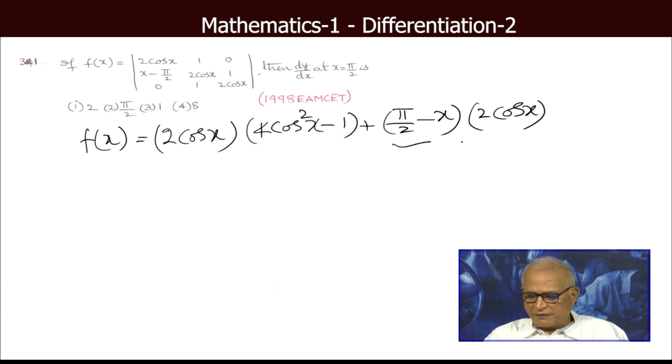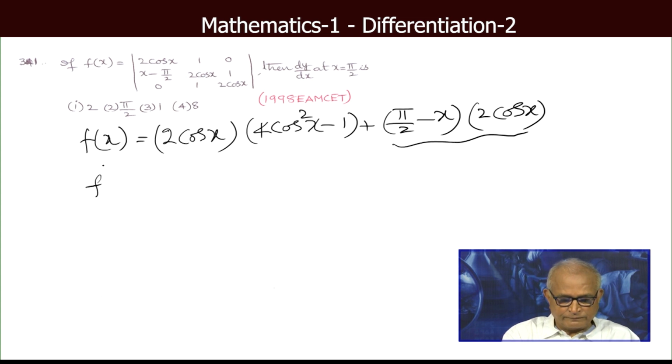When you write the derivative, you can omit this term. Why? Because pi by 2 minus x into derivative of 2 cos x will vanish when x equal to pi by 2, plus pi by 2 minus x into plus 2 cos x into derivative of pi by 2 minus x also vanishes because cos x will be 0 when x equal to pi by 2. So, that way you can simplify, you need not take care of the derivative of the second term. So, f dash x is f dash at pi by 2.